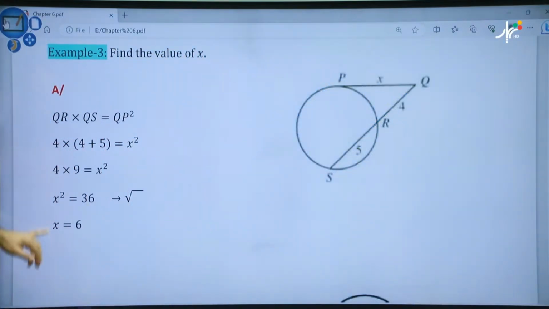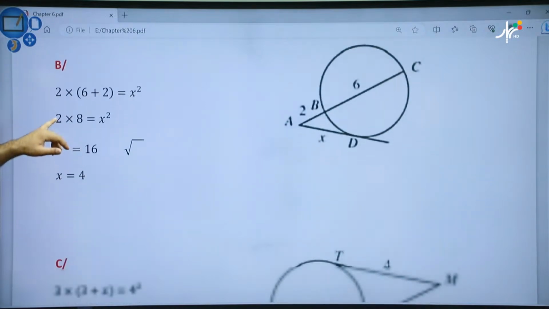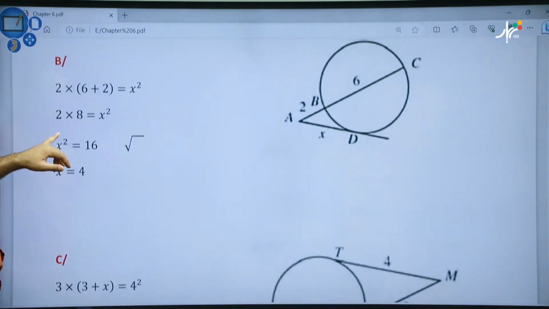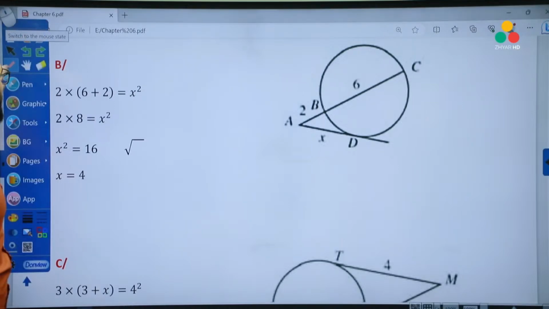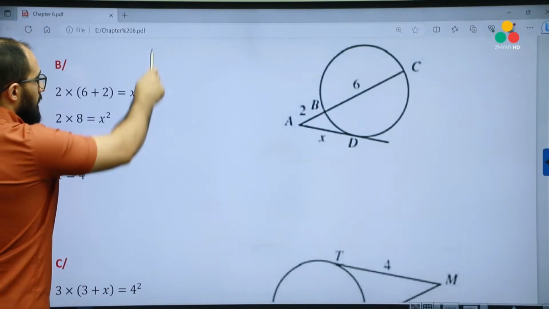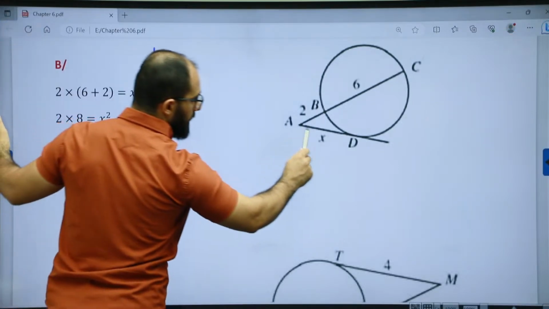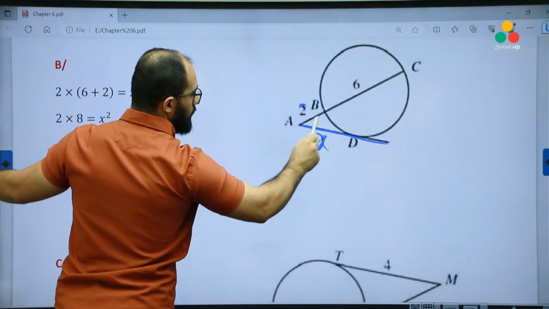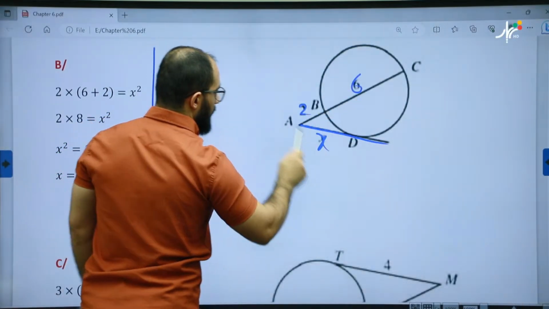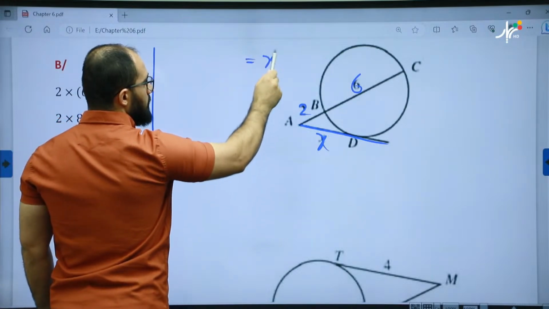Another example. Again, we have a tangent and secant. It says find the value of x. Always the tangent, this is the tangent. Always we have x, 2, and this one is 6. The tangent x is always power 2.